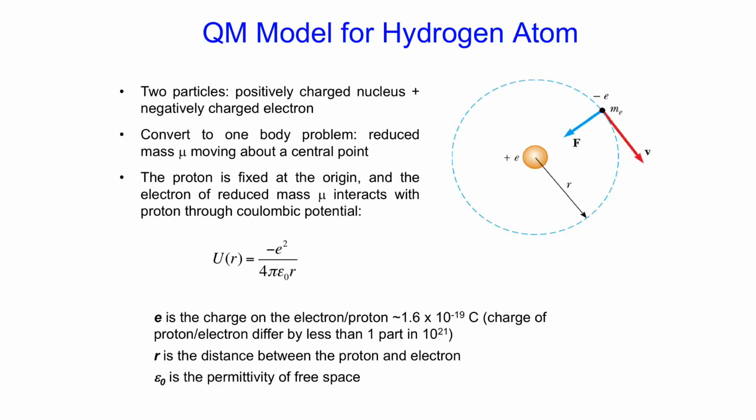So let's set up our problem just like we always do for a new system. So we need our quantum mechanical model for the hydrogen atom, and we model that as two particles. So we have our positively charged nucleus and a negatively charged electron that surrounds our nucleus.